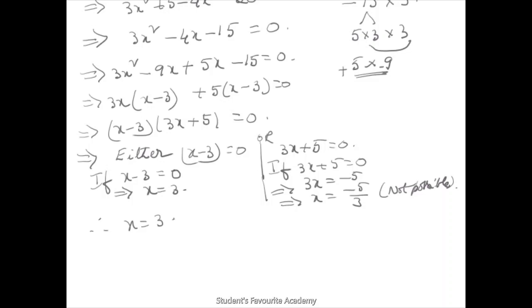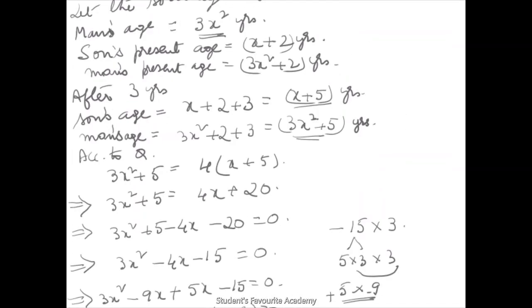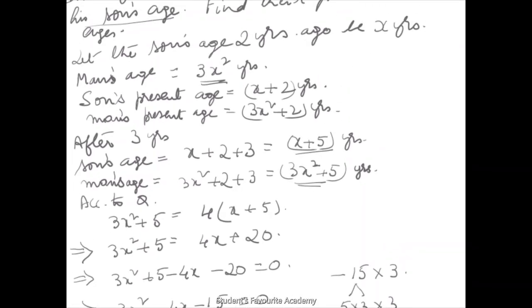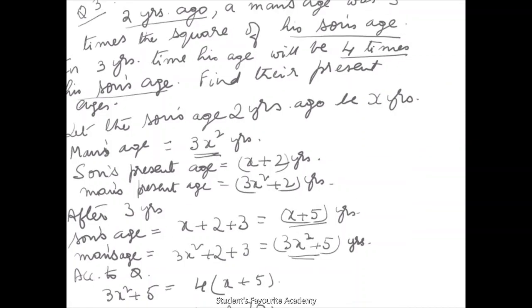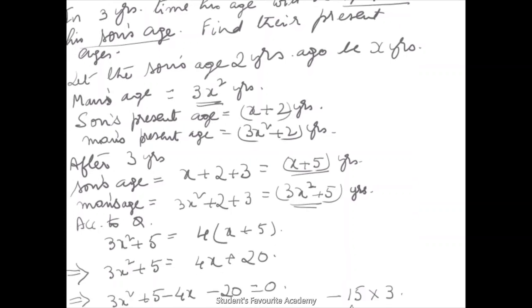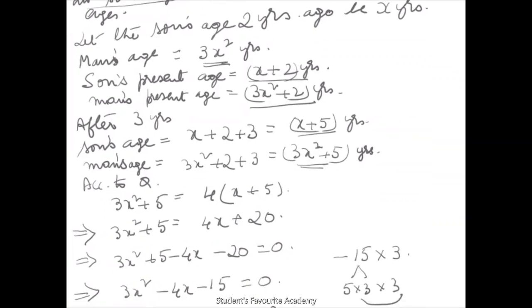So sun's present age is x plus 2, isn't it? Because this x we assumed as sun's age 2 years ago. Sun's age 2 years ago is x. So sun's present age is x plus 2 and man's present age. So we have to substitute the value of x in these two.